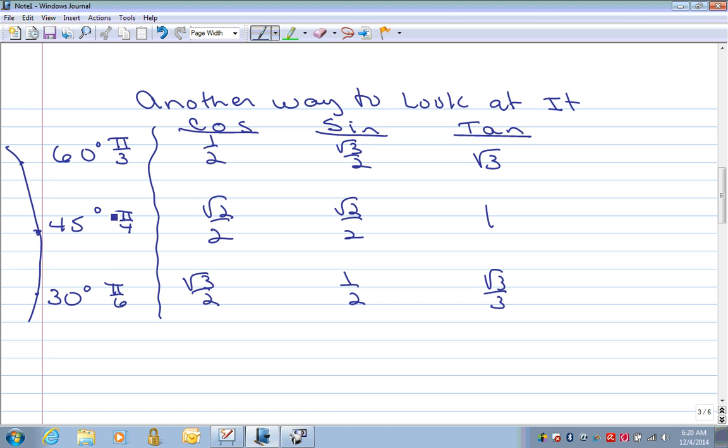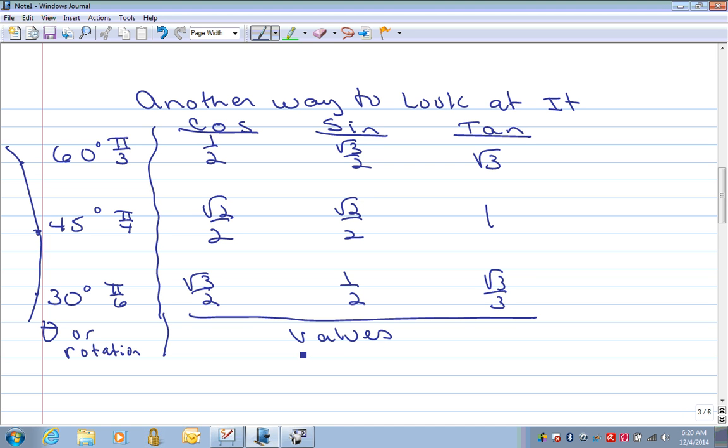Remember that your 60 degrees and your pi over 6 radians, or pi over 4, or pi over 3 radians are your theta or your rotation. It's how far it's rotated. It's the theta value. And remember that all of these are your values.